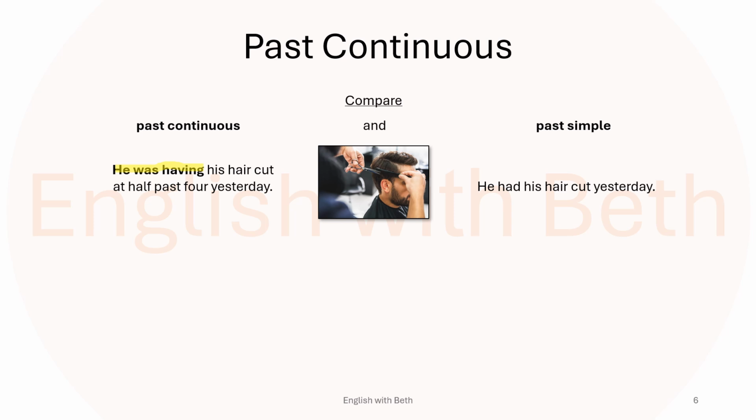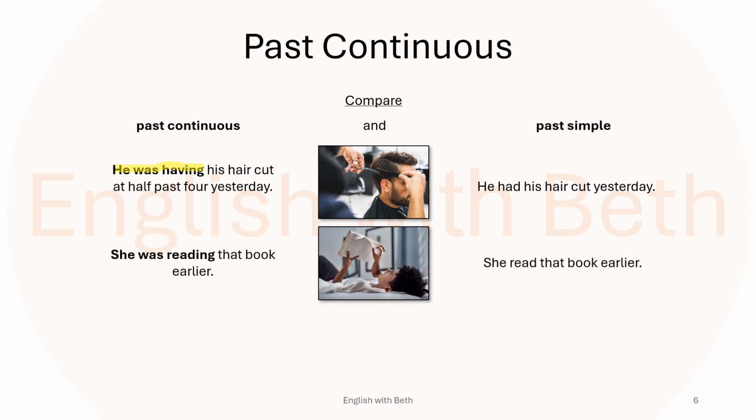And the past simple is he had his hair cut yesterday. She was reading that book earlier. She was reading, subject plus was plus verb plus ing. And past simple, she read that book earlier.